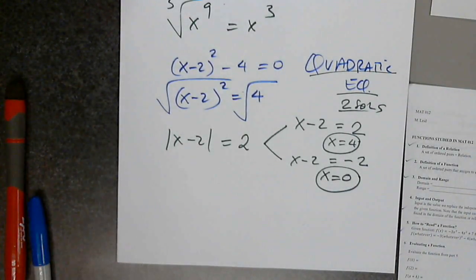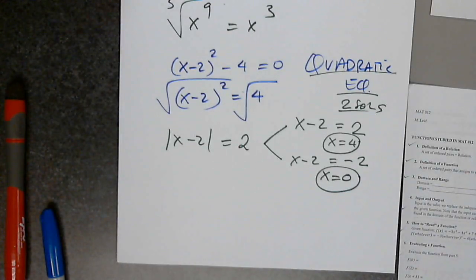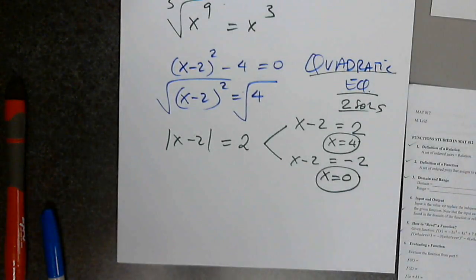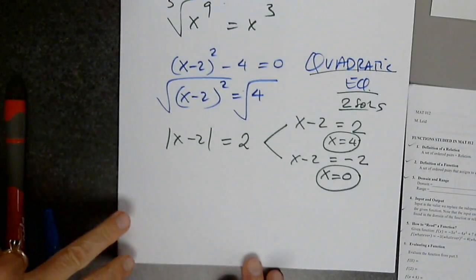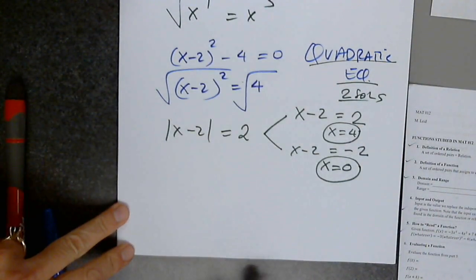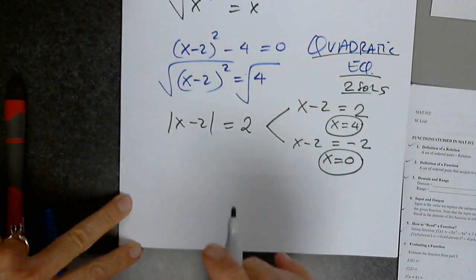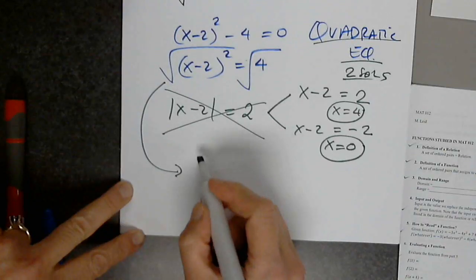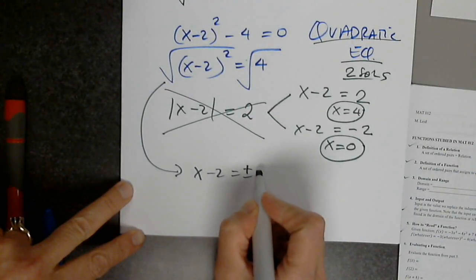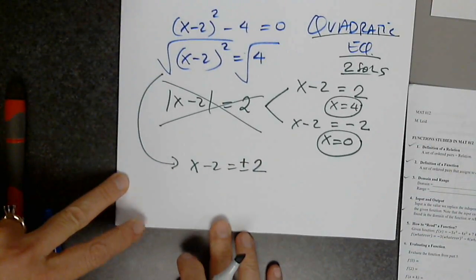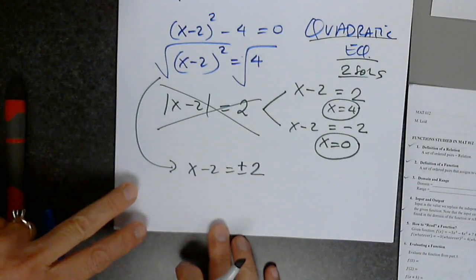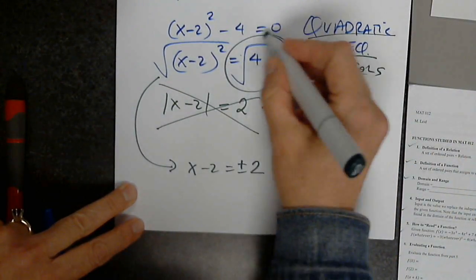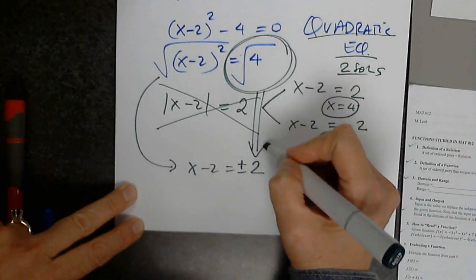However, we skip this step normally when we take the square root. The reason on the first few examples I will not skip it is because if I do skip it, and directly I go here and I write x minus 2 equals plus or minus 2, you may be tempted to think that the square root of 4 is plus or minus 2.